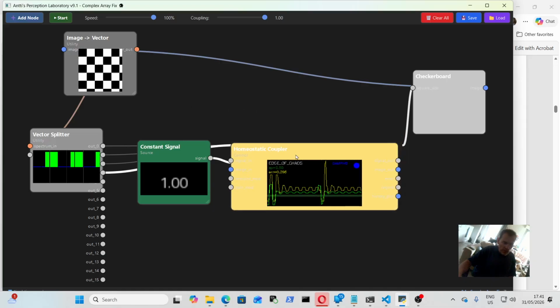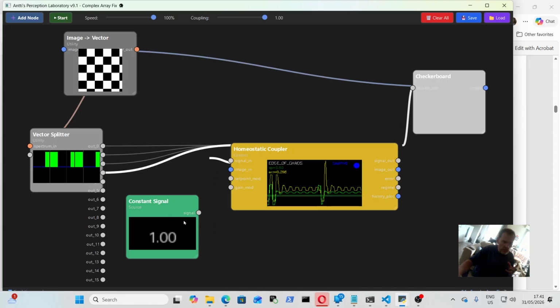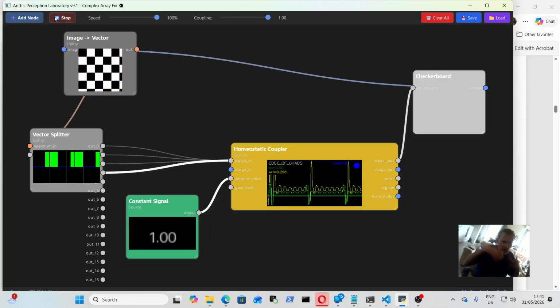And I don't know what I was even thinking, but I was sending a signal out from this homeostatic coupler that tries to stay in homeostasis, and it has a certain value, which is 1. This was being sent to the image to vector, which turned this image into 256 numbers, a vector, and that we sent to a vector splitter, so we split the 256 into 16 numbers, and we're only sampling the beginning of it and sending it to the homeostatic coupler, and we got the ECG signal.